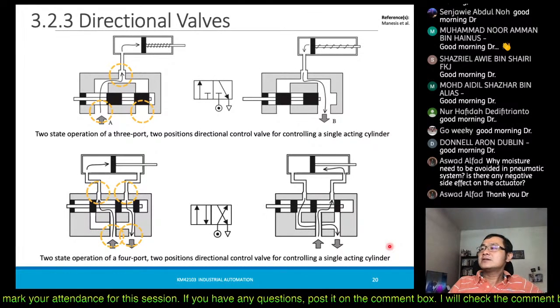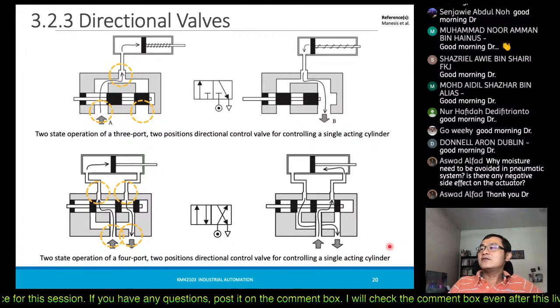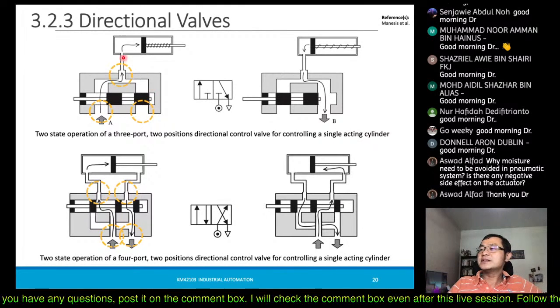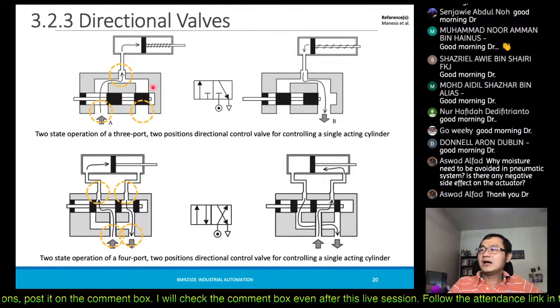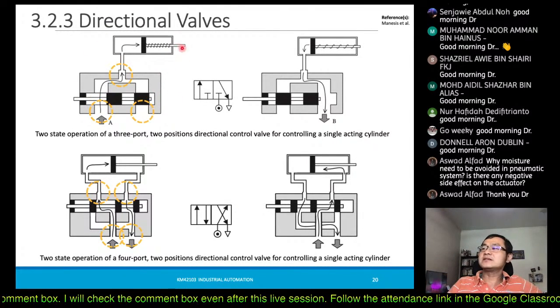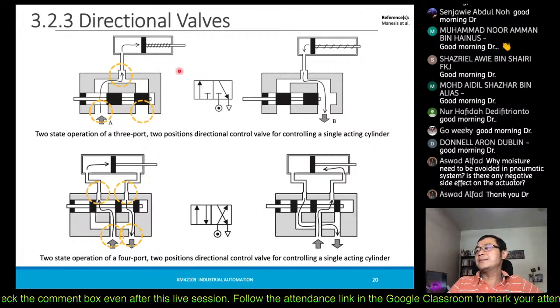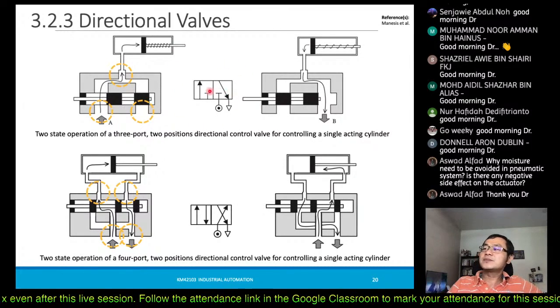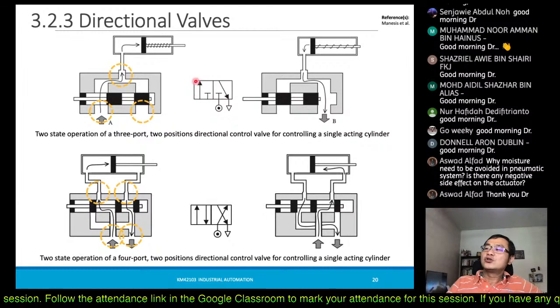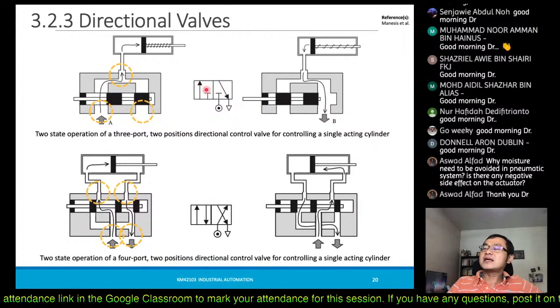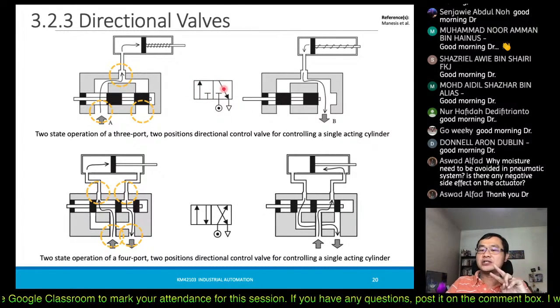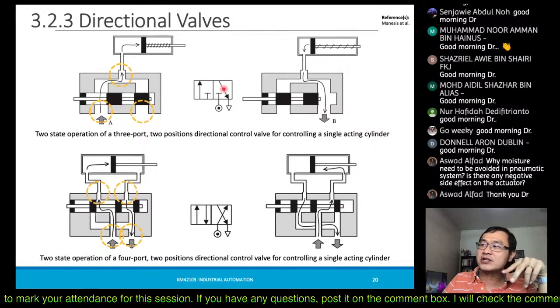Now we can see a clearer picture of how we can represent the operation of pistons using these symbols. These symbols show 2 squares, meaning there are 2 states of operation.